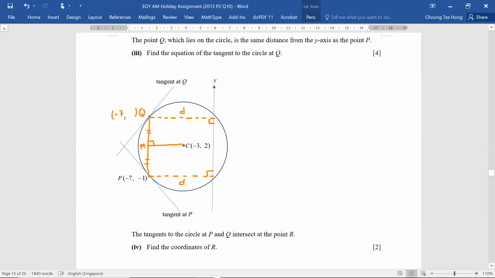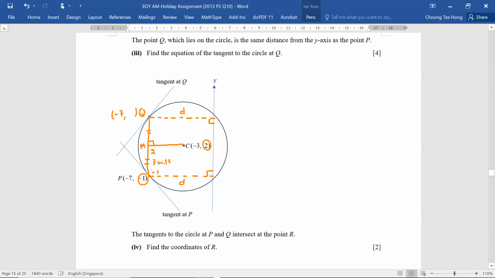To find the length of PM, since QP is a vertical line, we just need to look at the y coordinates. This line CM will be considered as level 2. Follow the y coordinate, and then this dotted line below over here will be considered as level -1. So from -1 up to 2 is a total of 3 units, correct?